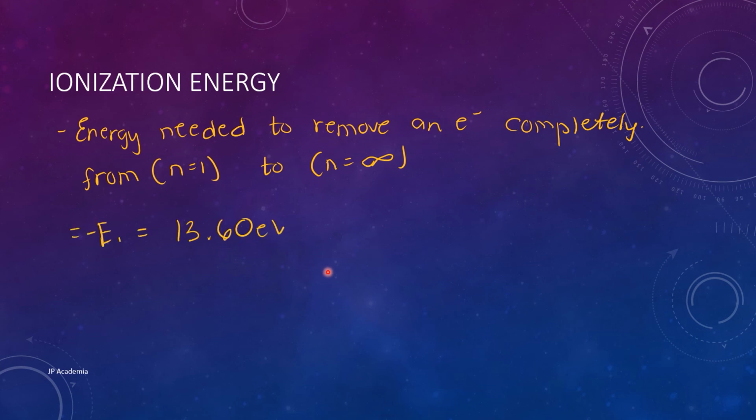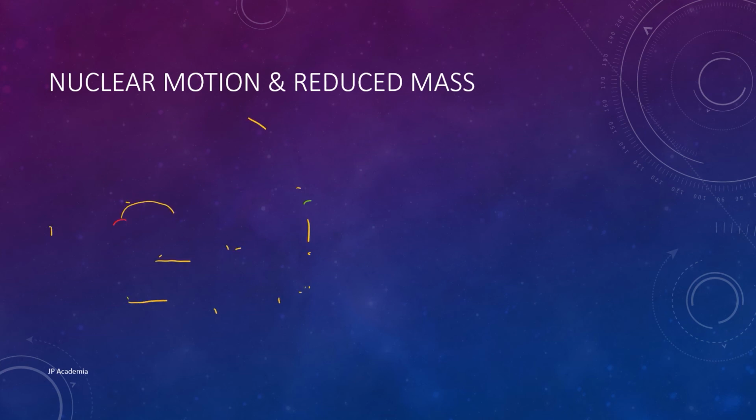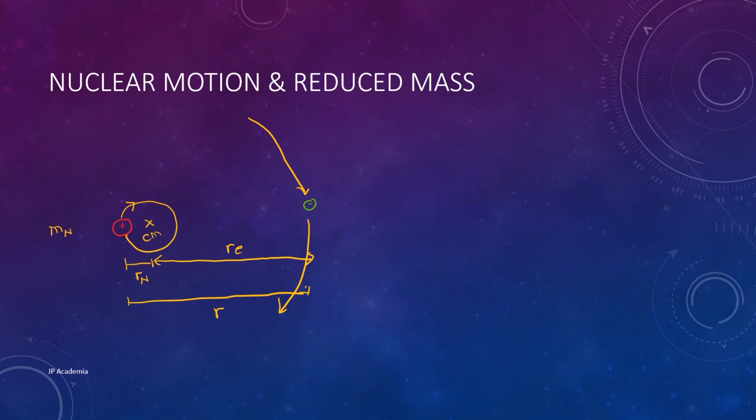This is the ionization energy, which is equal to negative E sub 1, which has a numerical value of 13.60 electron volts. The value of the Rydberg constant R and the ionization energy for hydrogen predicted using Bohr's analysis are within 0.1% of the actual measured value.